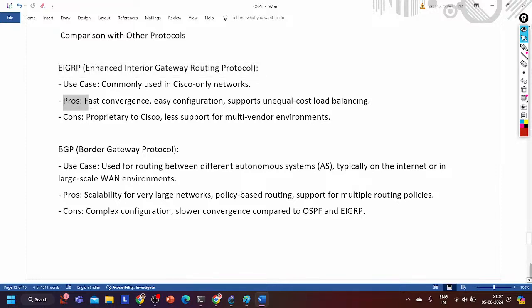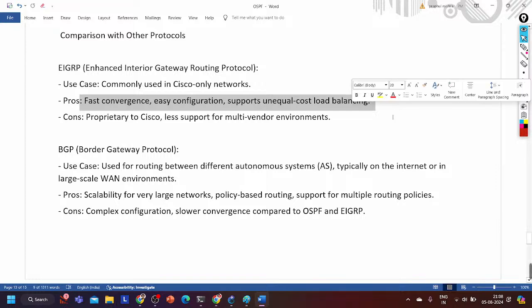So you can see the pros and cons. EIGRP: fast convergence, easy configuration, supports unequal cost load balancing. But OSPF is a slower protocol compared to EIGRP, with harder configuration, and it does not support unequal cost load balancing.